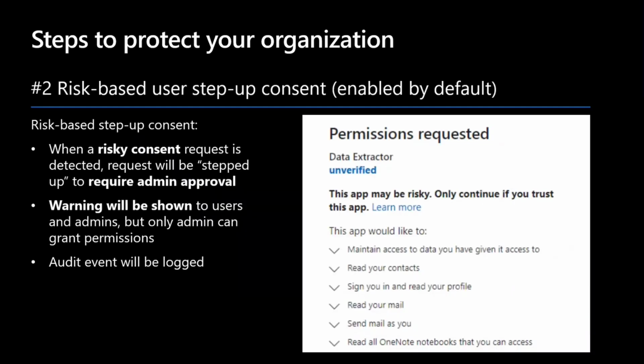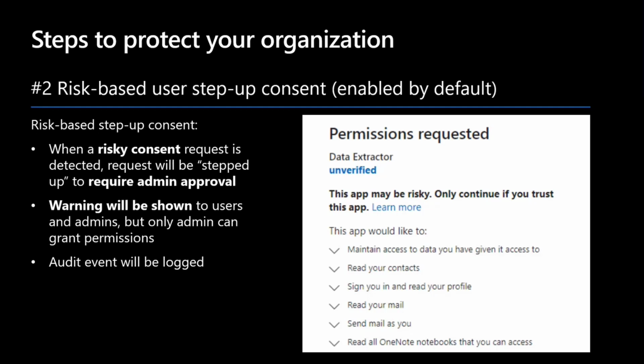Another step that you could do, and so for the IT pros that you work with, this is enabled by default, but just because it's enabled by default doesn't mean that somebody may not have turned it off within your environment, but it's called risk-based step-up consent. And essentially what it is that when a risky consent request is detected, it'll be stepped up.